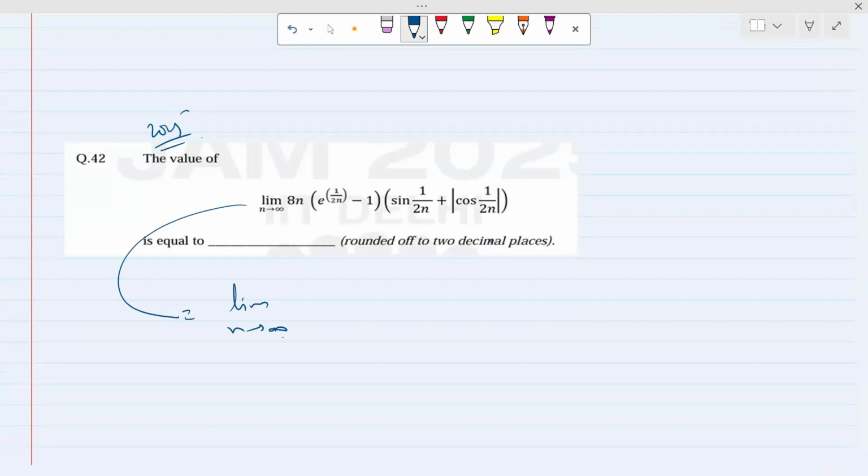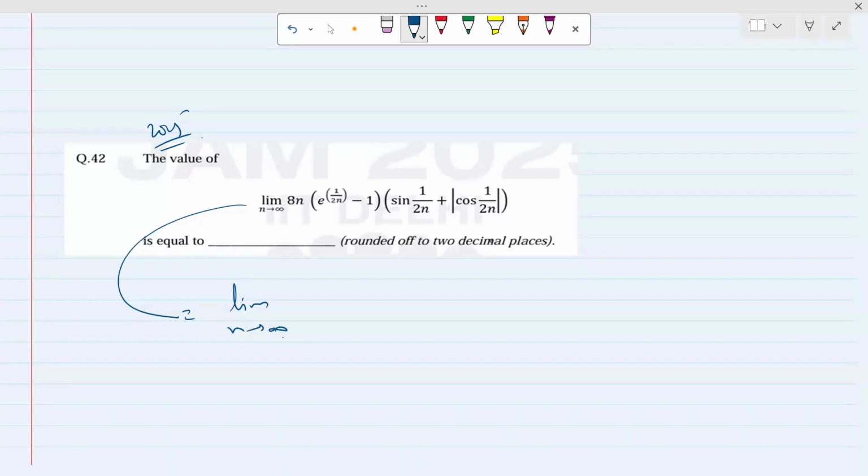Sir, here n tends to infinity. But can we write 1 by n, then n tends to 0?